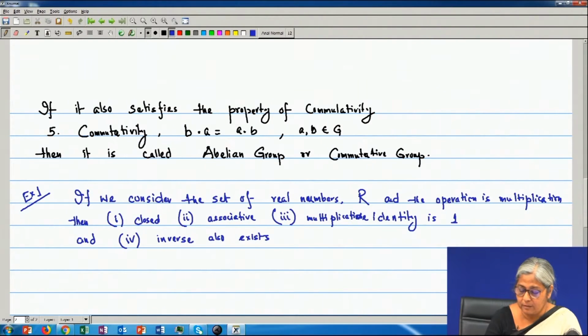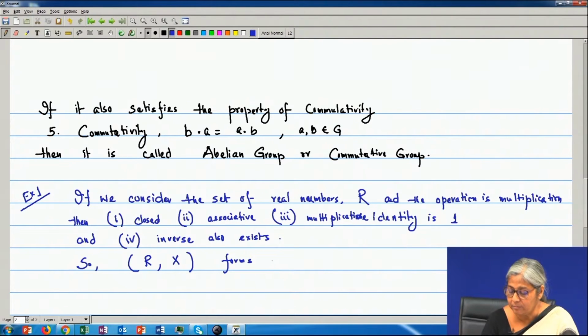So, it forms a group. So, R with multiplication forms an algebraic system, it is a group.